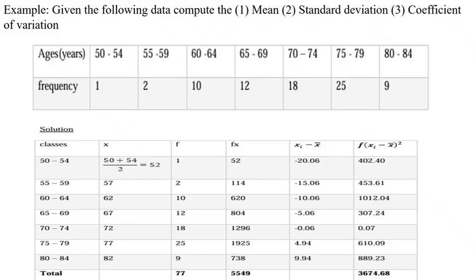Let me repeat myself again. After estimating xi minus x bar, whatever answer we get, we can create another column and label it xi minus x bar all squared. That means all the values we got from xi minus x bar, we square. Then for f of xi minus x bar all squared, we use f to multiply the new column we created, which is xi minus x bar all squared. That will give us f of xi minus x bar all squared.